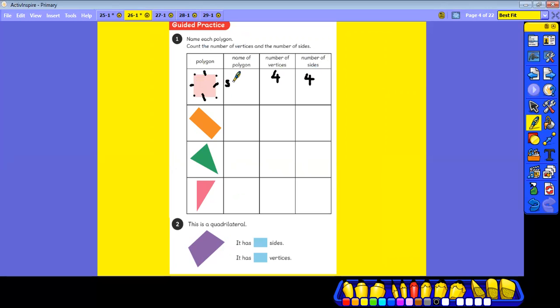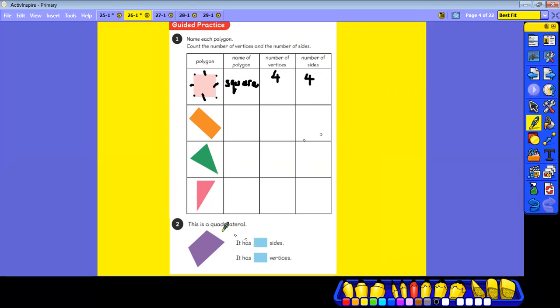So we know this one, this pink one, is, I know you're shouting it at the screen right now, a square. Well done. So you need to name these polygons. The orange one, the green one, and the pink one. And you also have to count the vertices and the number of sides that those polygons have.